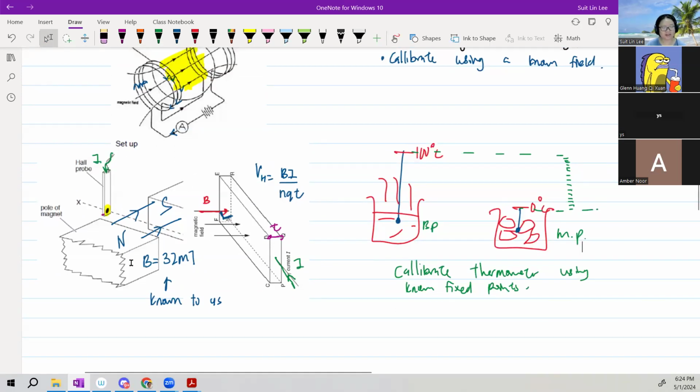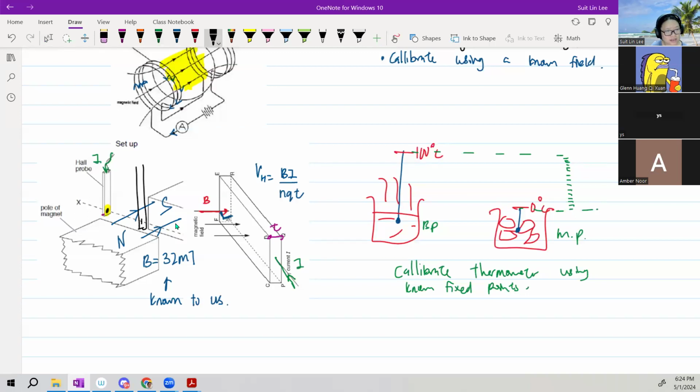So let's say I have a fixed magnet for calibration, okay? And this is known to us, just like the boiling point and melting point are known to us. Then I stick a Hall probe here and I run the Hall probe through the magnetic field. So maybe now my Hall probe is here.